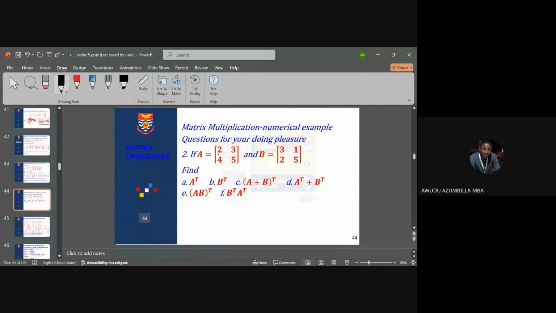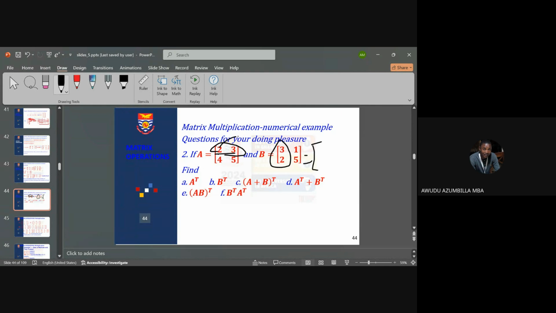Multiplying AB first. This is column. This is row. The row is here, and this is column. They are two, so you can multiply them. So first, let's take this one and multiply this.